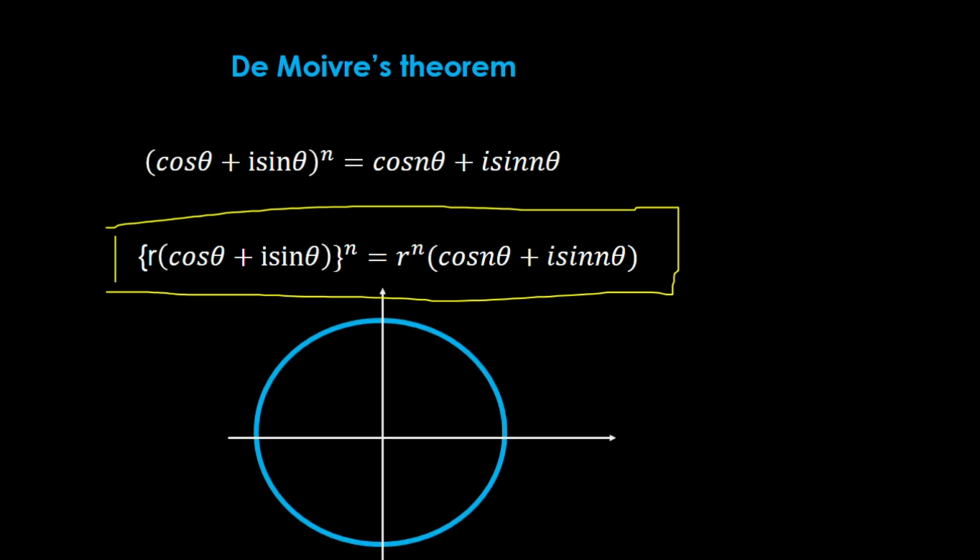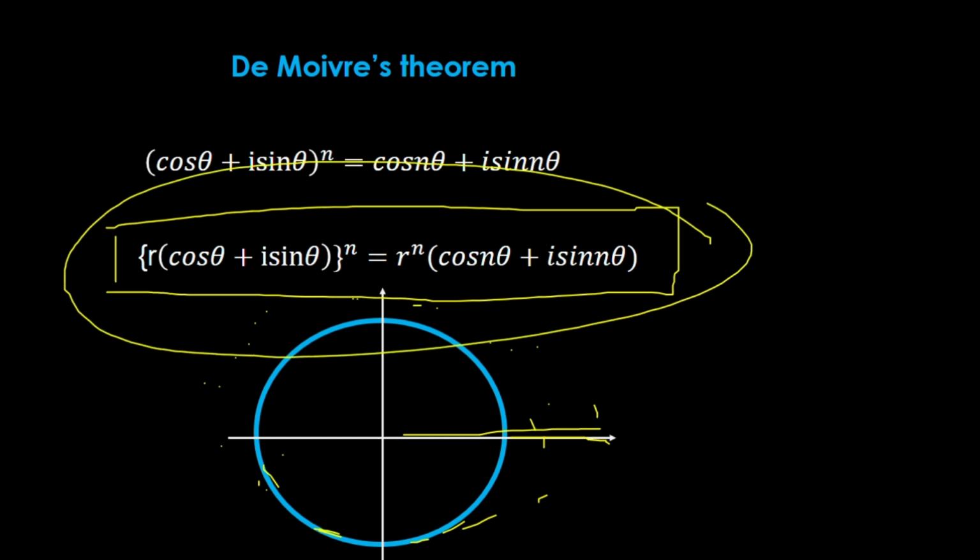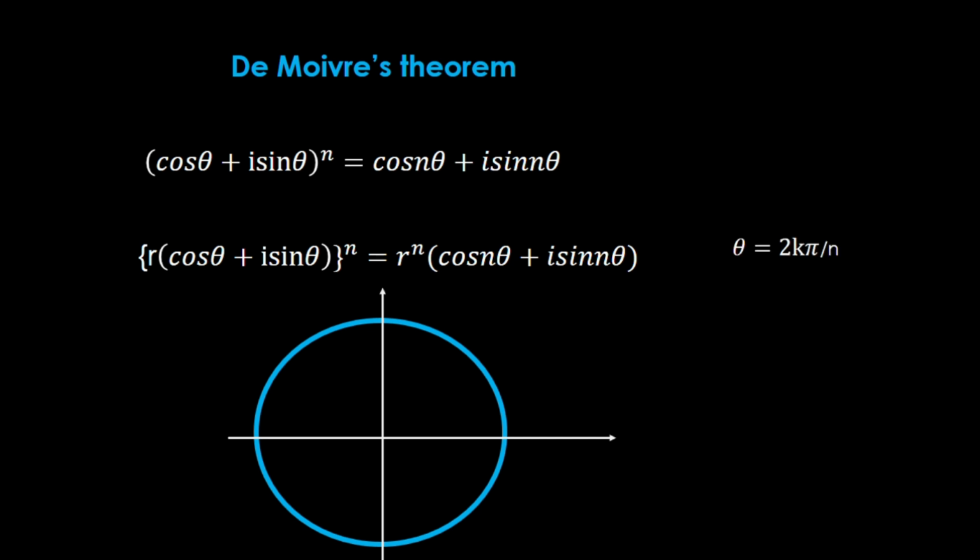Hence, if you start plotting the different values for r equals 0, 1, and so on and so forth, you are going to be having a circle, because it's going to be circular at some point. It's actually circular, and you're going to be having a circle like this. For theta, theta will be equal to 2k pi on n, with k being from 1 to 3 to n minus 1.